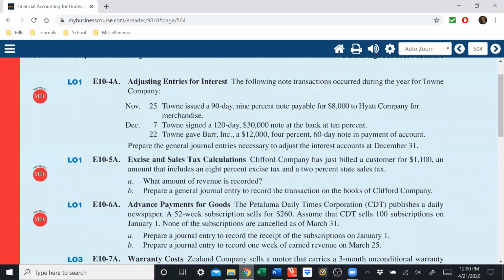Interest expense on a note is calculated as principal, 8,000, times annual interest rate, which is given 9% right here, times time. How much time?